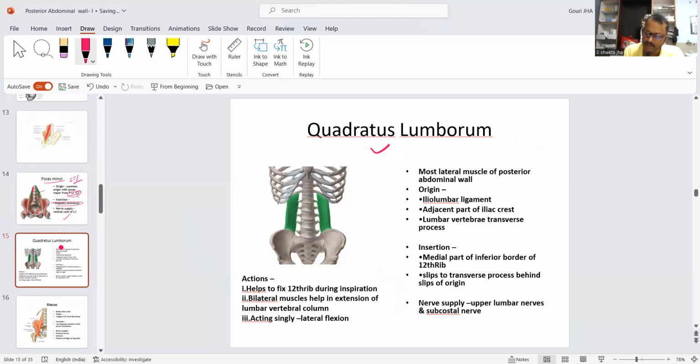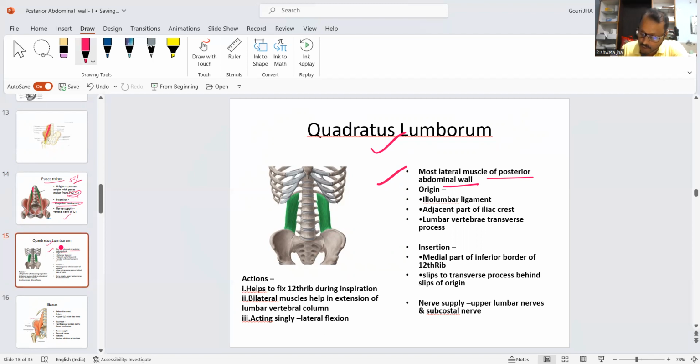Now coming to the quadratus lumborum, the next important muscle of the posterior abdominal wall. It is the most lateral muscle of the posterior abdominal wall. The transverse abdominis is only continuous with the posterior abdominal wall, that's why it is not considered under the heading of the muscles of the posterior abdominal wall.